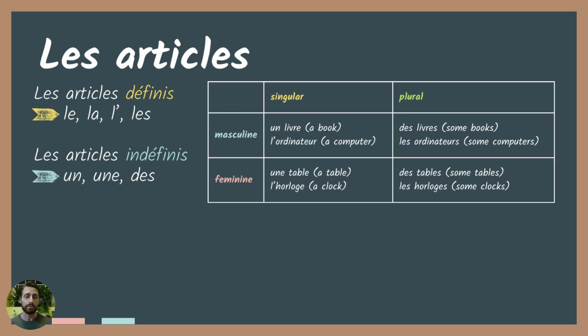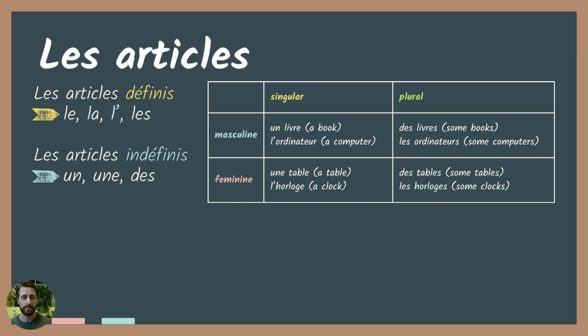So how do we use them? So it depends on the grammatical gender, and it also depends on the number of whatever object it is you're talking about. So let's start with the singular and masculine. So we have un livre, which would be a book, and we have l'ordinateur, a computer.